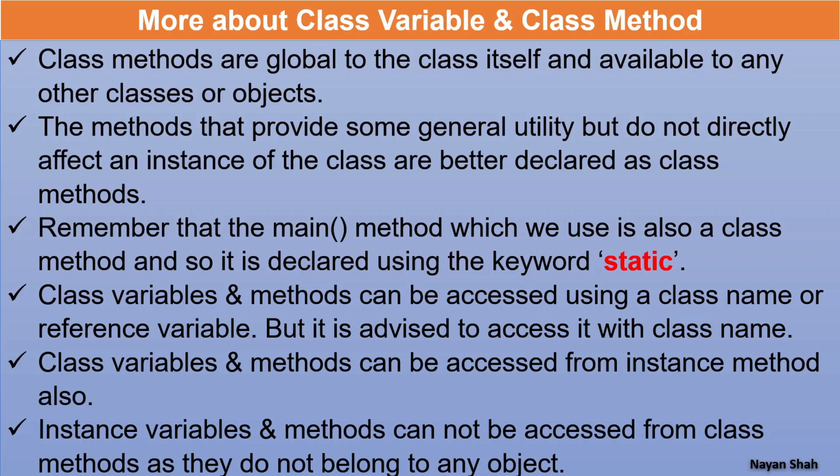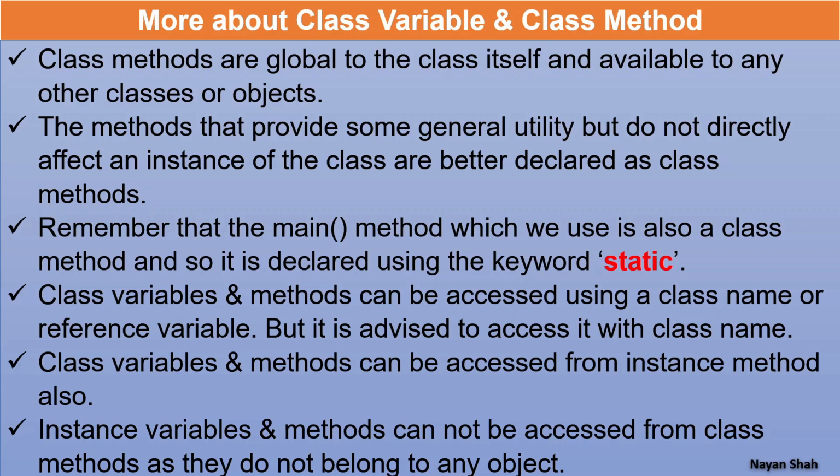If you have created an R1 object of the Room class, and the Room class has a static variable xyz, then you can refer to that xyz variable from your instance method, that is, the method of your object R1. So it can be referred to because it is global. When you define any variable as a class variable, it is global to that class, so it can be accessed from anywhere in the class.